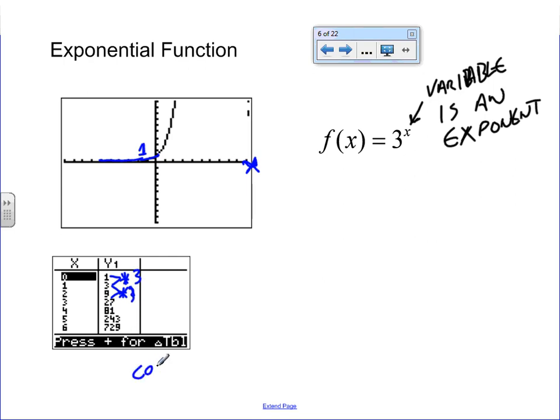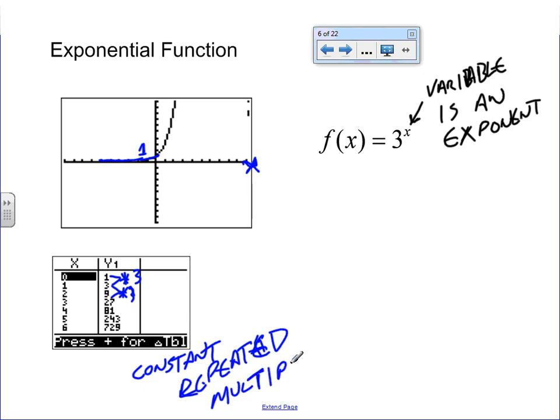So we end up with some sort of constant, repeated multiplication. So, constant repeated multiplication is what we're looking at.